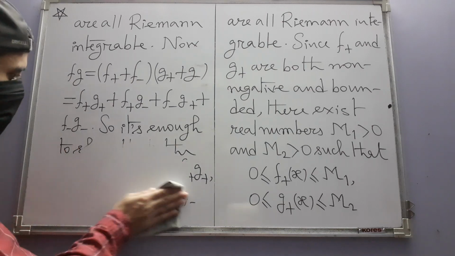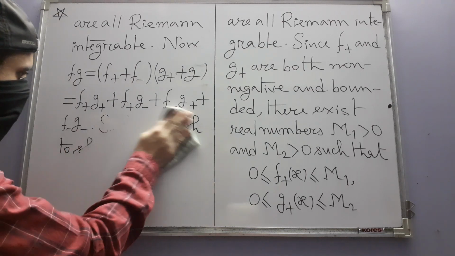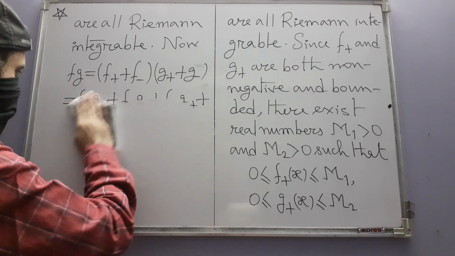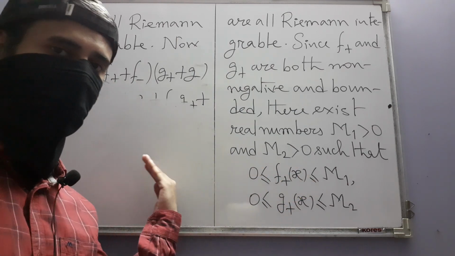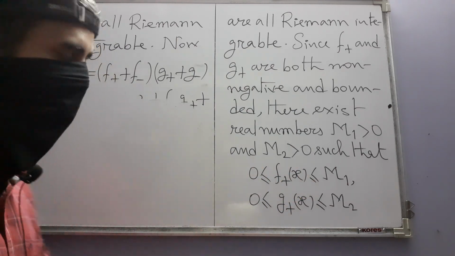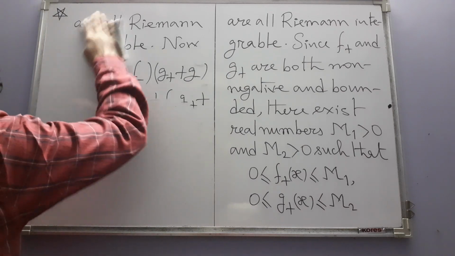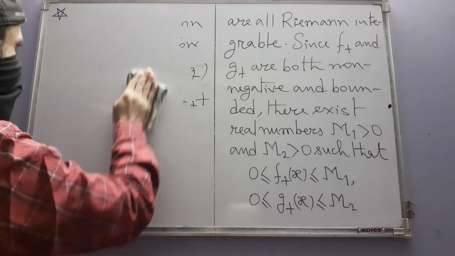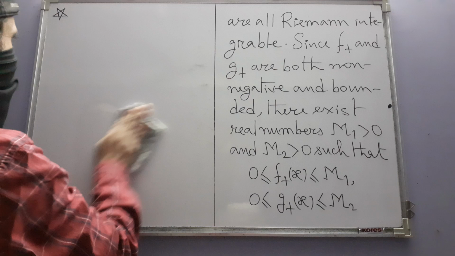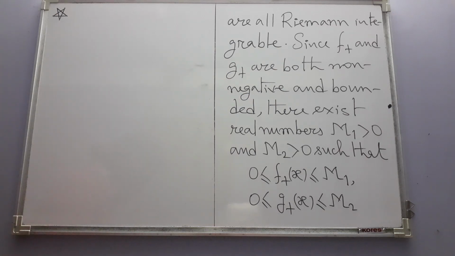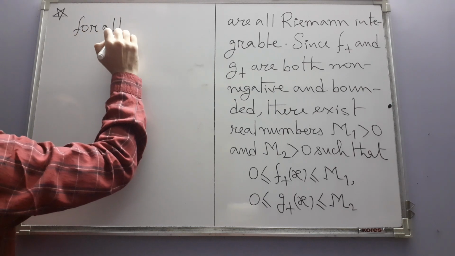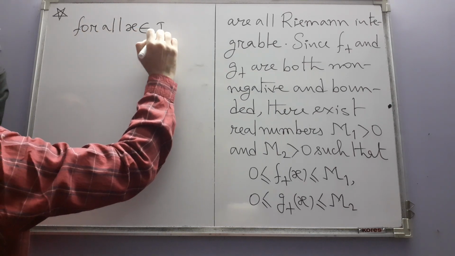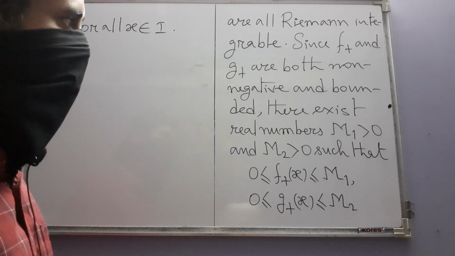Boundedness actually in general means bounded from both above and below, but because 0 is already a lower bound, we need not write minus m1 on this side. For all x in the domain.